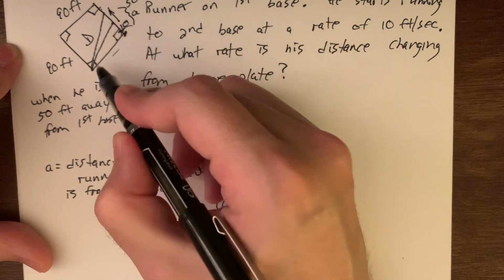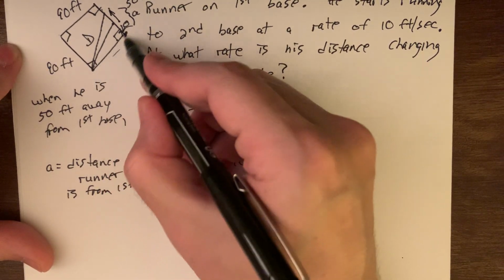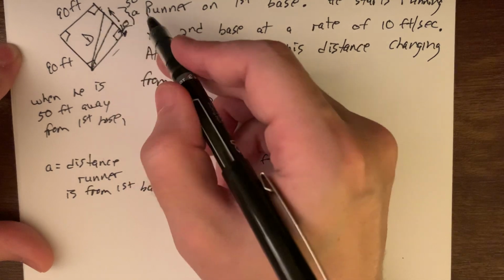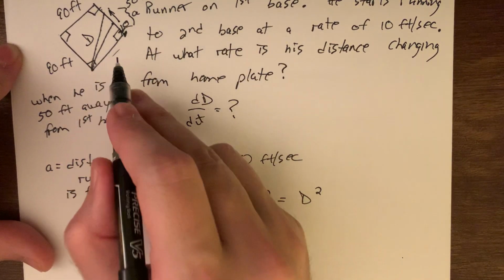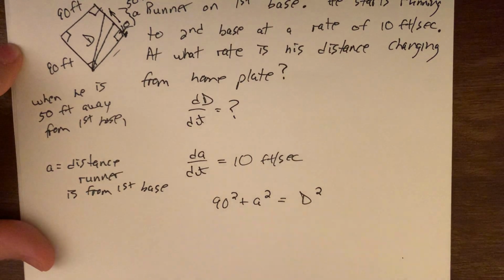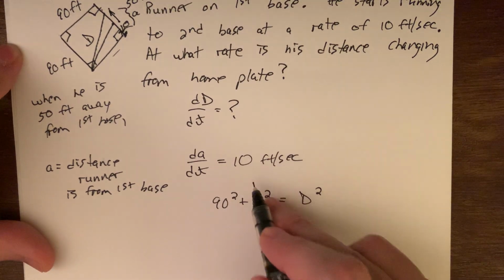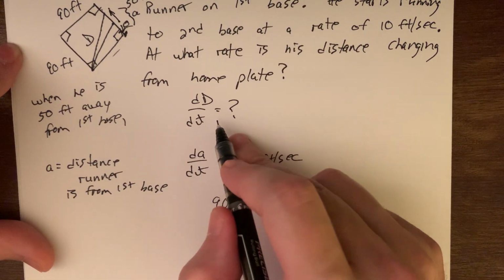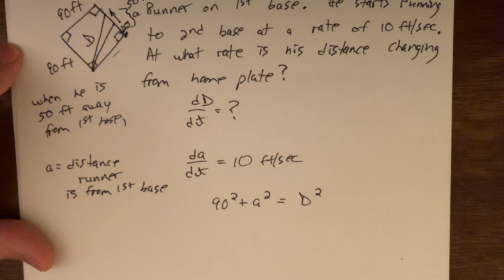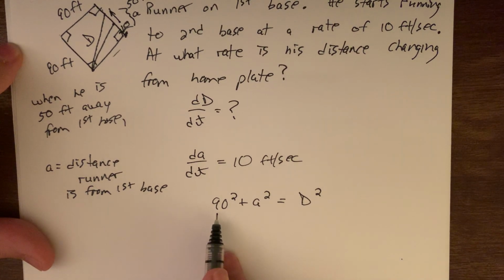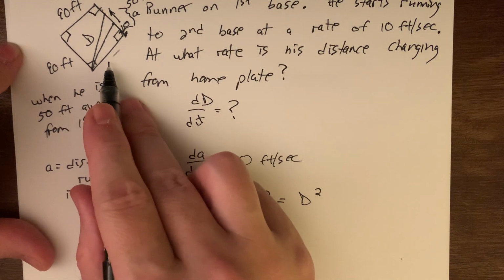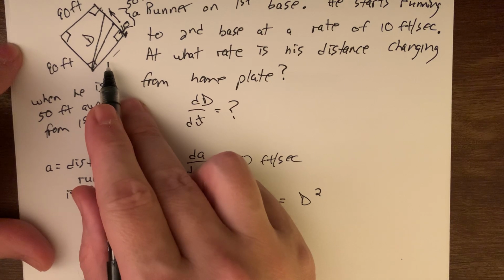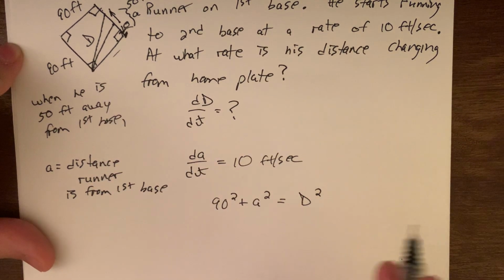The distance from home to the runner, well, first is this line, then this line, then this line. So A and D are legitimately changing in this problem. So we have to worry, either know their derivative or be what we're looking for. And in this one, nah, there's nothing for us to put here. So we'll just leave it just like the previous one. R was 2, so I plugged that in before I took my derivative.